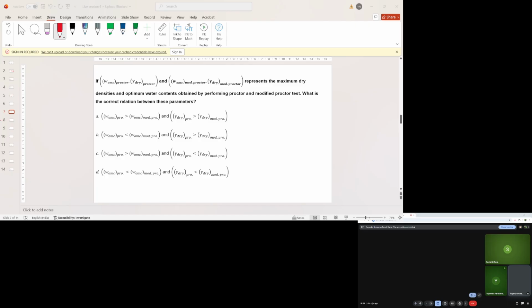So we can eliminate option B and option D. Here it specifies modified Proctor optimum moisture content is higher, so this option is wrong. The options we are left with are A and C. Now coming to the dry density, the dry density of modified Proctor is going to be more than Proctor compaction. So the correct option is option C.